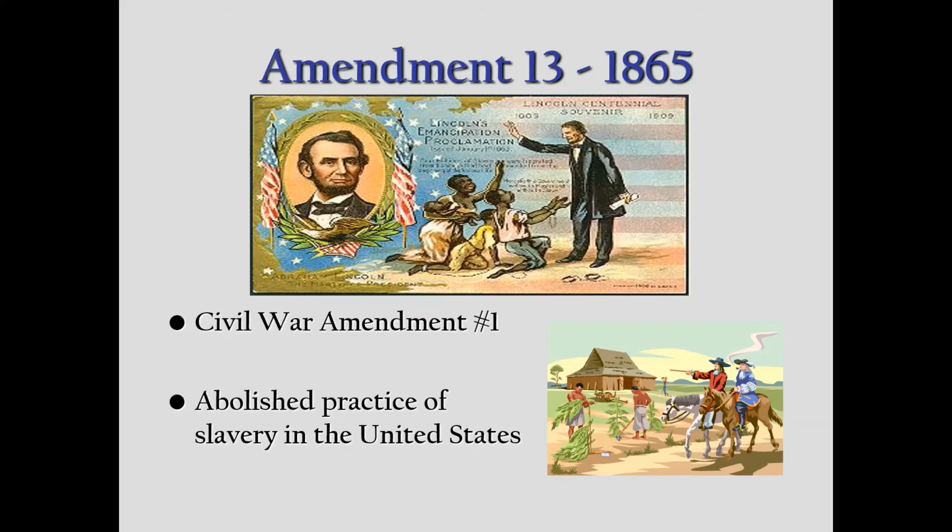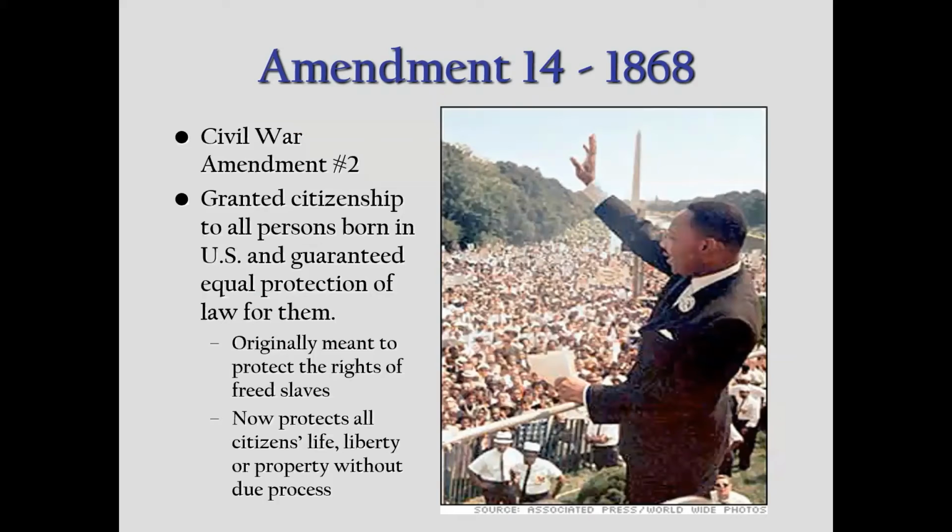The 14th Amendment, the second Civil War amendment, granted citizenship to all persons born in the United States and guaranteed equal protection of law for them. This was originally intended to protect the rights of freed slaves, but was extended and has been cited as a justification to protect all citizens' life, liberty, or property, with due process of law.